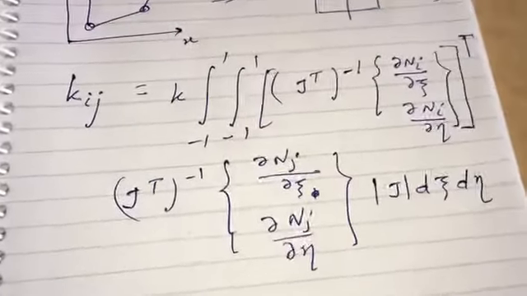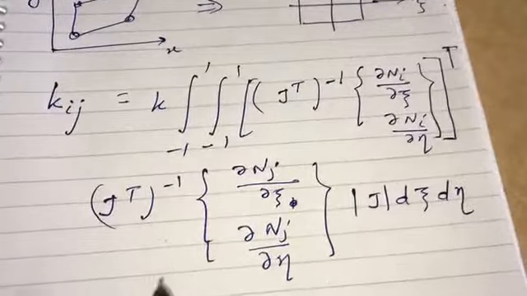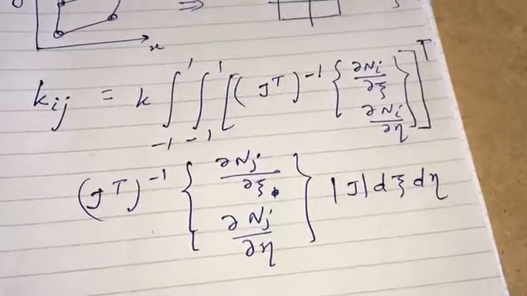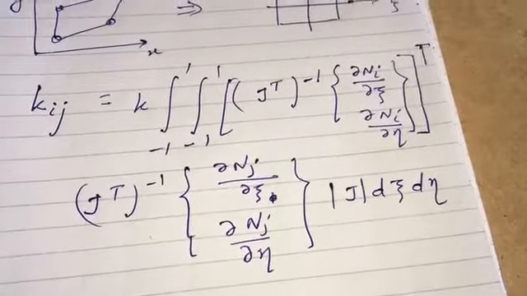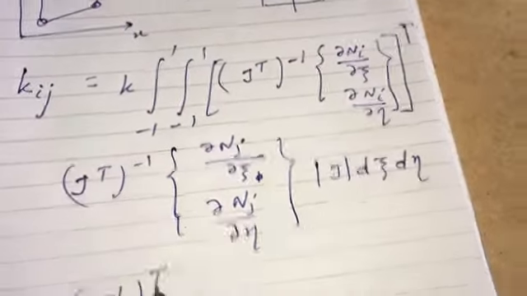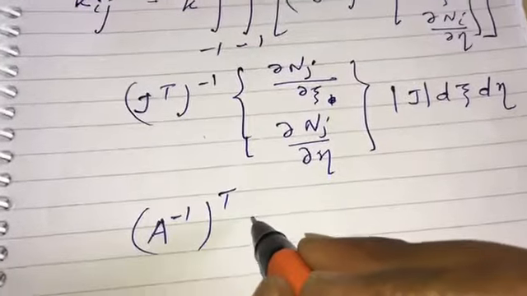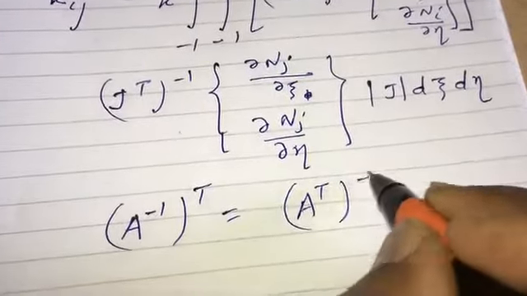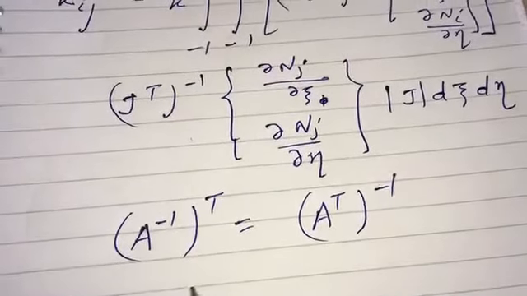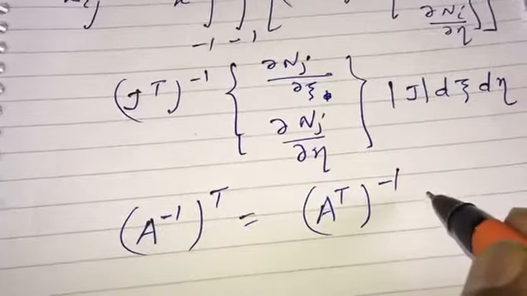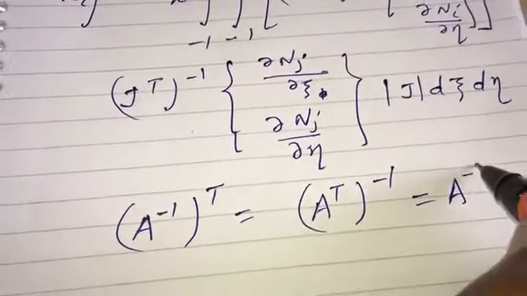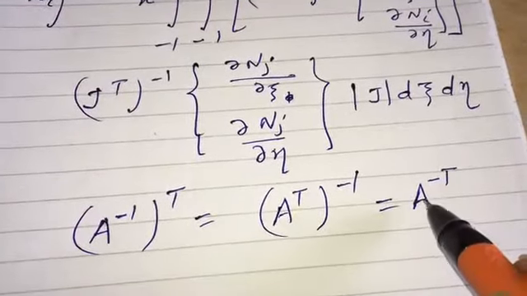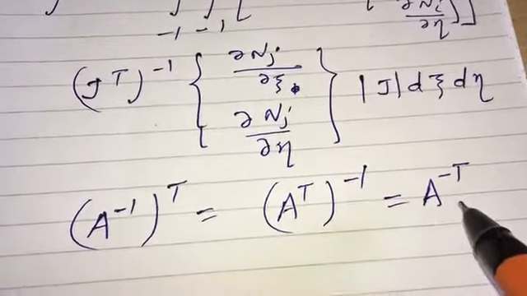Now we will simplify it. The transpose of the inverse of a matrix is also equal to the inverse of the transpose of that matrix, so both are equivalent. We can write it as A to the power minus T, meaning the inverse of A and also the transpose of that.